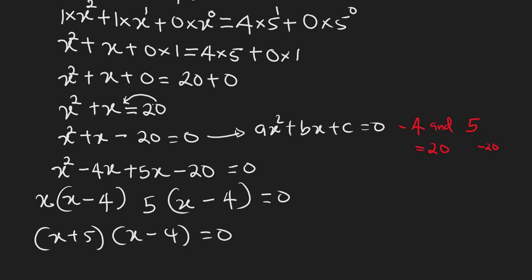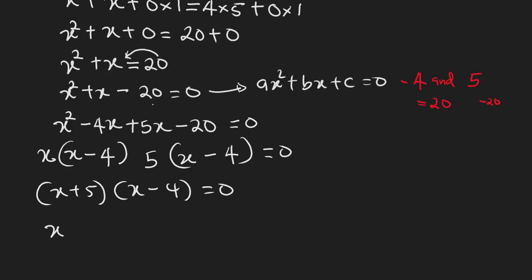Equate it to 0. So if we equate it to 0 now, we're going to have x plus 5 equals 0, or x minus 4 equals 0. Moving this 5 to the other side is going to be minus 5, and moving this minus 4 to the other side is going to be plus 4.